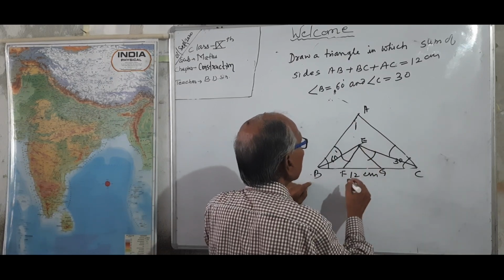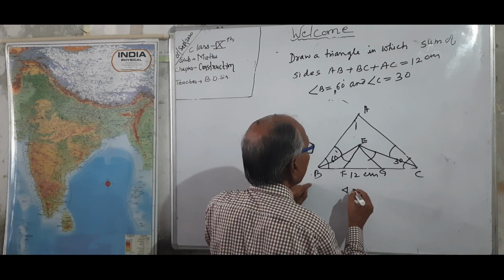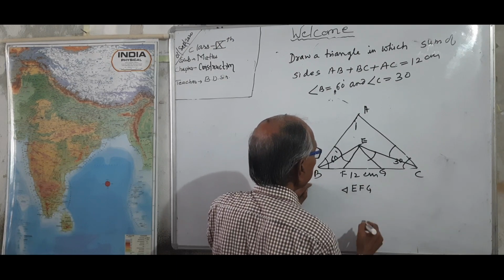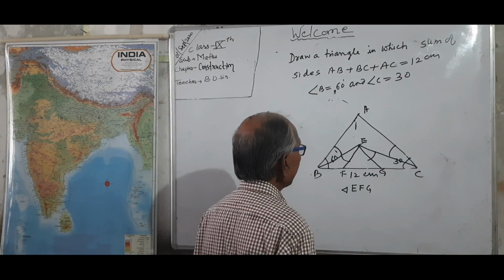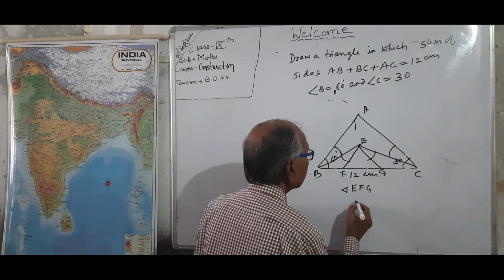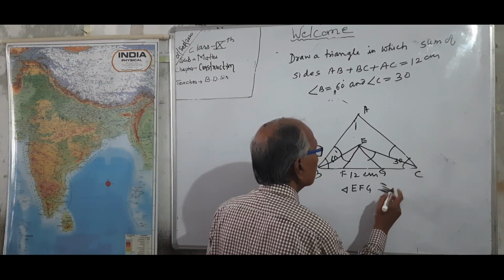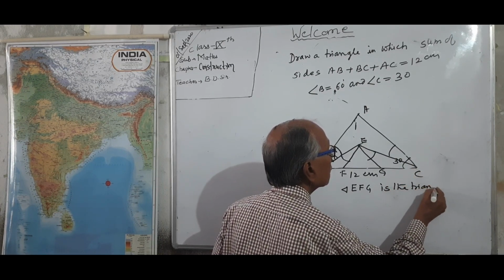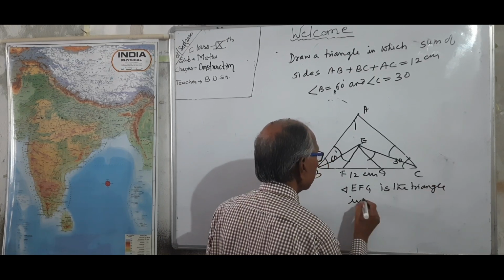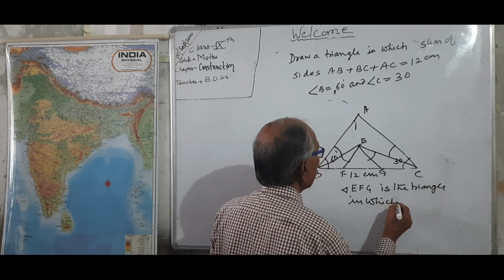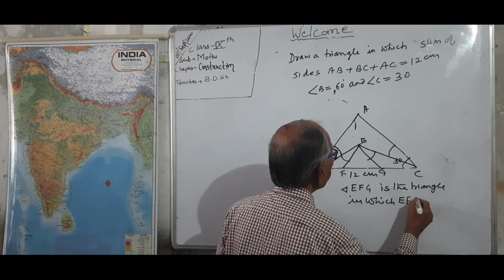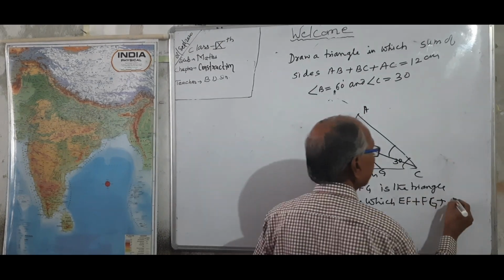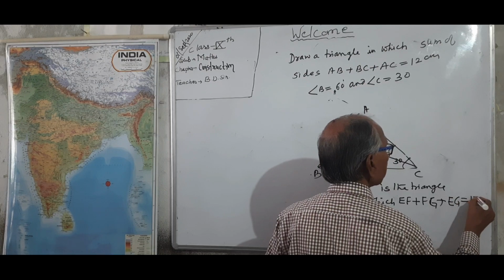So this is the given triangle EFG, in which we will say EF plus FG plus EG is equal to 12 centimeter.